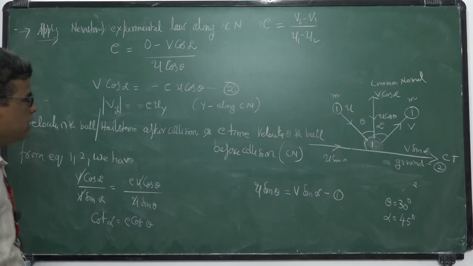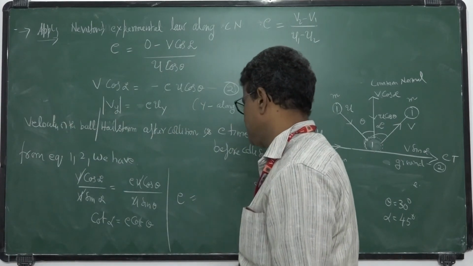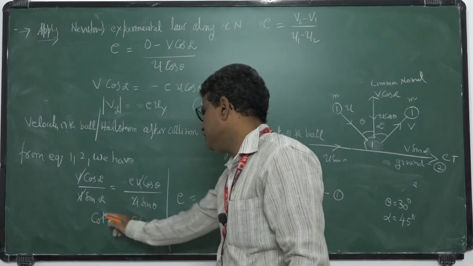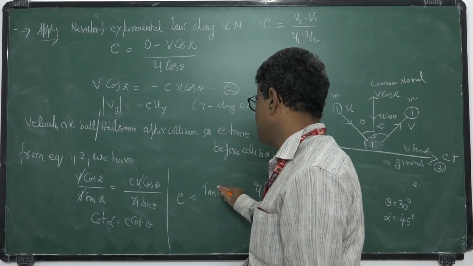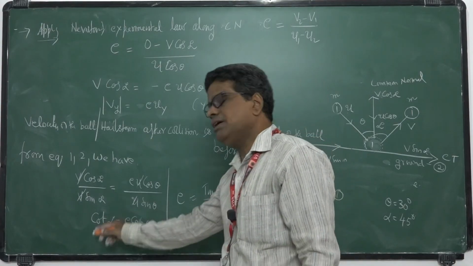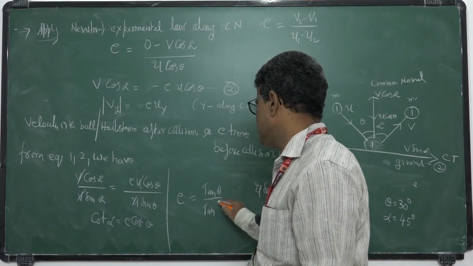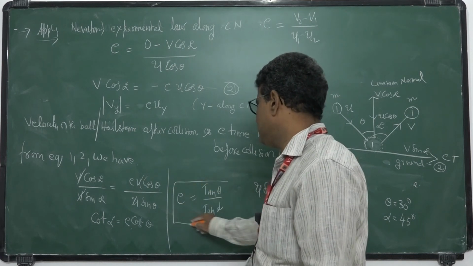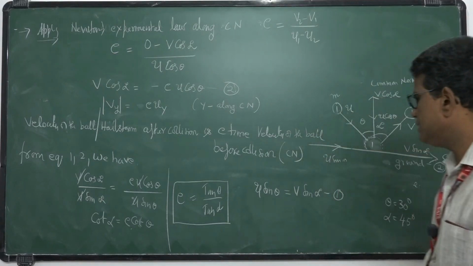So I want E, so E is equal to, I bring this to this side: 1 by cot theta becomes tan theta, cot alpha becomes tan alpha. So this is the answer for E: E is equal to tan theta by tan alpha.